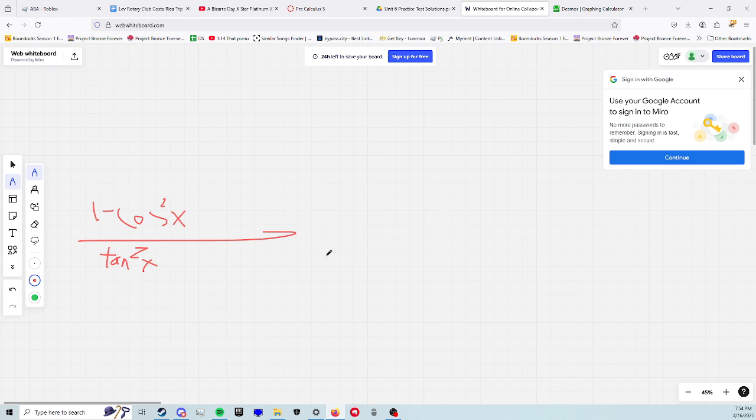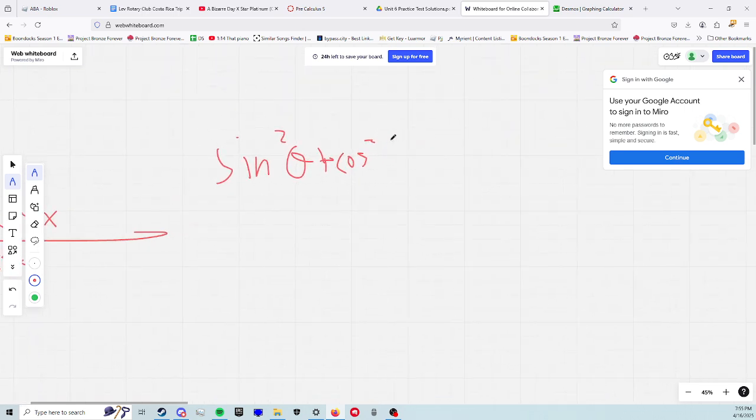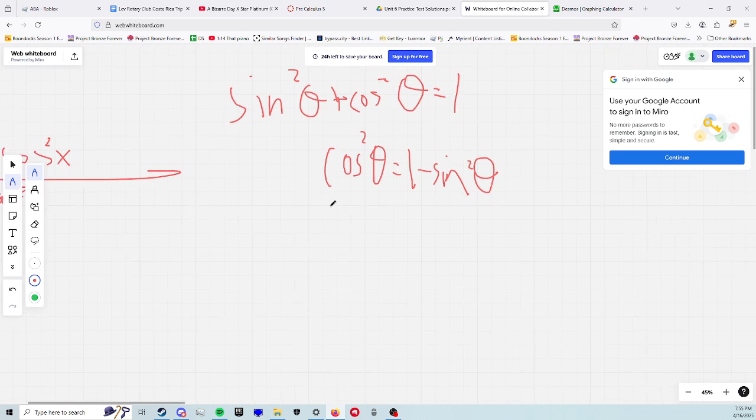If we go to the Pythagorean identities, we know that sine squared theta plus cosine squared theta equals 1. So in turn that means cosine squared theta equals 1 minus sine squared theta, and vice versa.